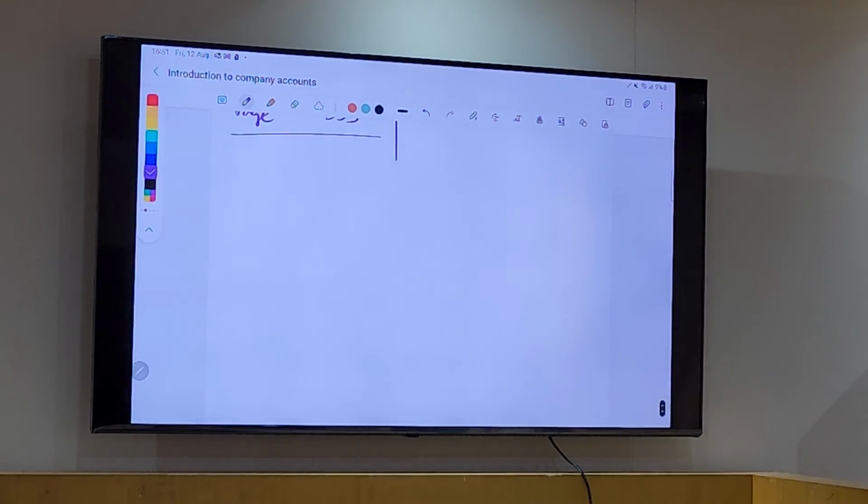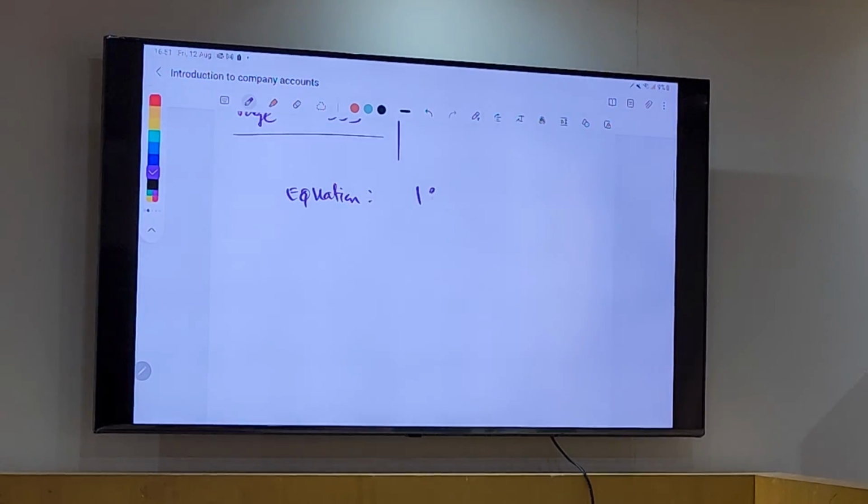Now, the equation. Are you clear? When you go for a rights issue, your equation is: when you have 5 old shares, you will get 1 new share. This is the equation.